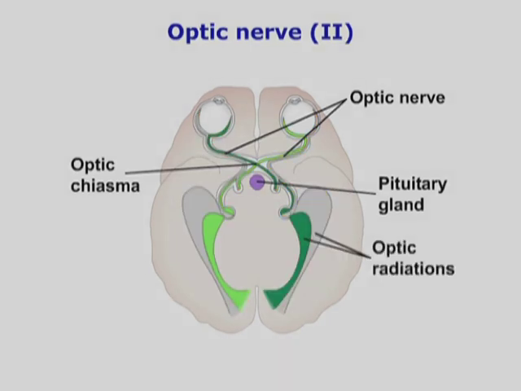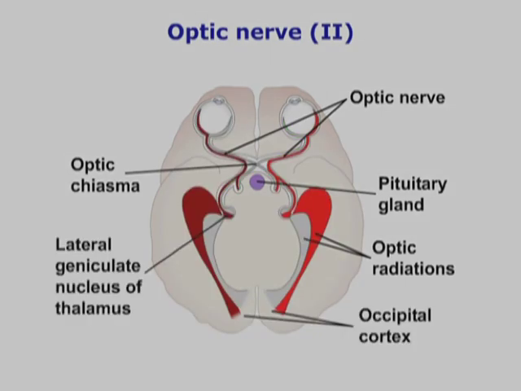Here, the fibers from the nasal or medial half of each retina cross over to the optic tracts of the opposite side. The fibers from the temporal half of each retina remain ipsilateral.